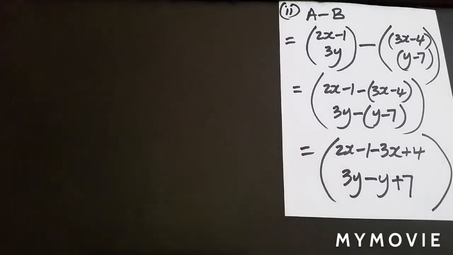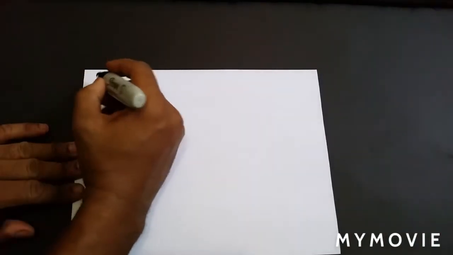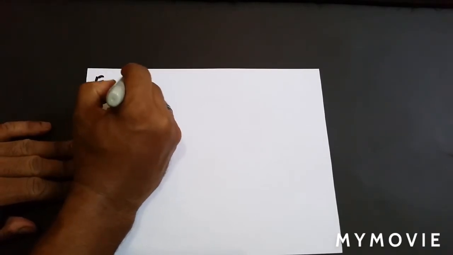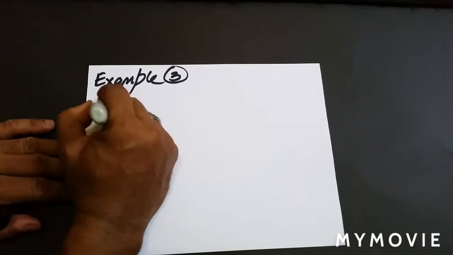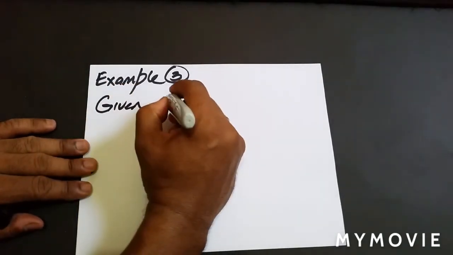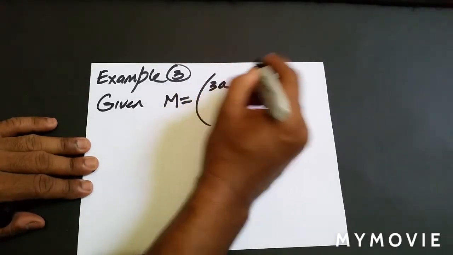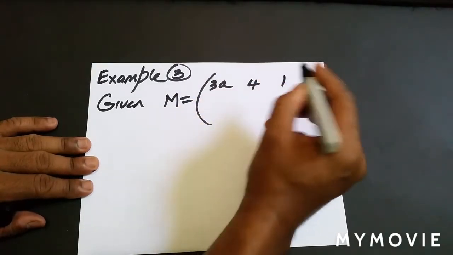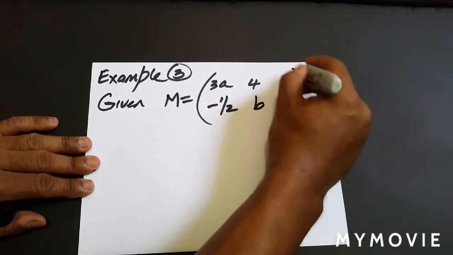Let's just run through a third example. So I'm just going to move this out of the way. Let's see if I can get the third example finished. So example 3. Let's see if we can use bigger matrices here. Example 3, given M equals 3A, 4, 1, minus a half, B, 6.